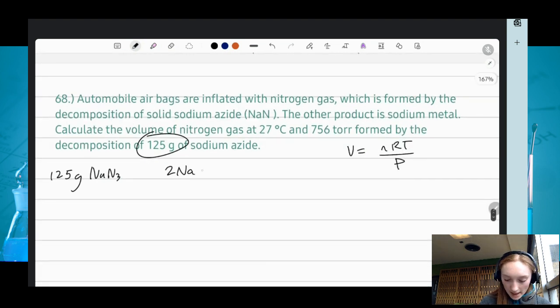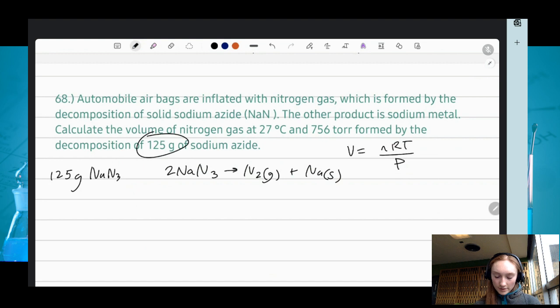So 2NaN3 will produce N2 gas and also the sodium metal that it talked about. So those are the two products from this. And to balance it, we need 2 of the sodium azide, 3 of the nitrogen gas, and 2 sodium. If you want me to go over how to balance it, I can do that as well. But I just wanted to give the equation so we can just work with it.